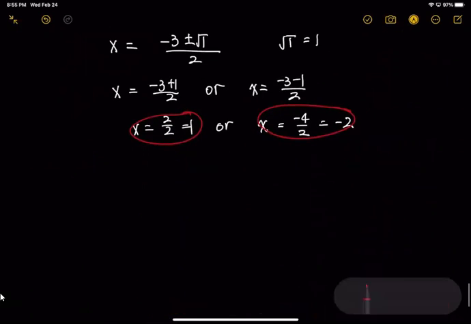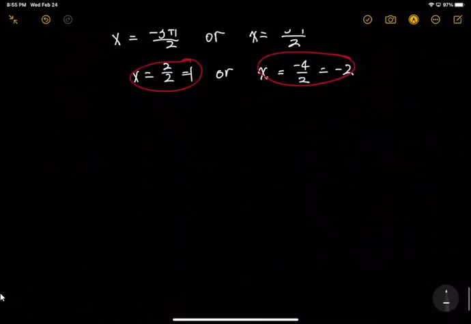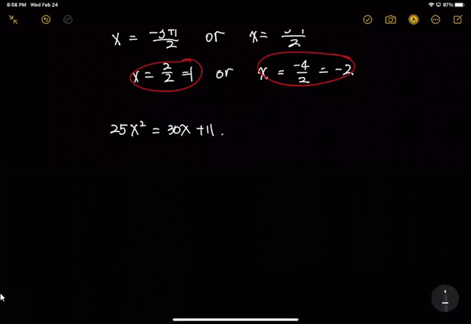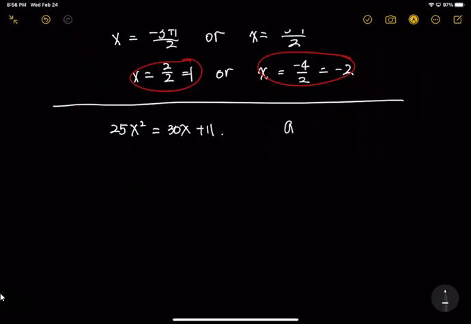Okay, let's do another example. So I have 25x squared equals to 30x plus 11. So remember, what's the standard form of a quadratic? It's ax squared plus bx plus c equals to 0.